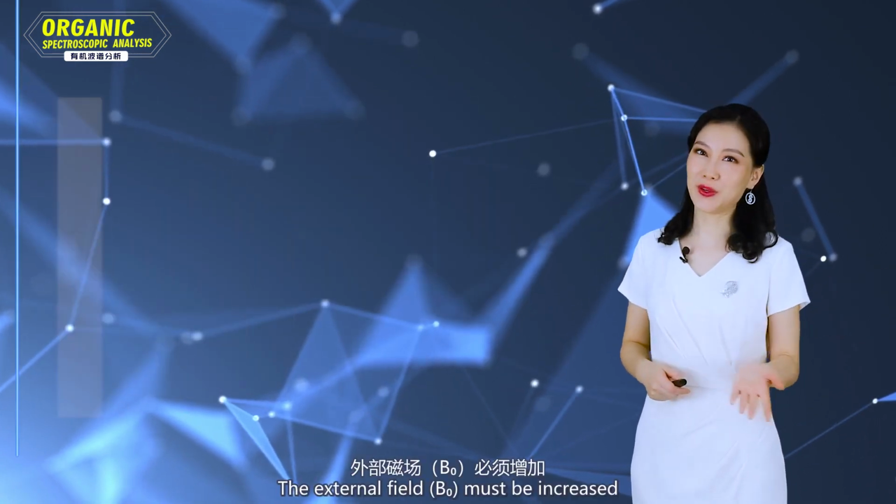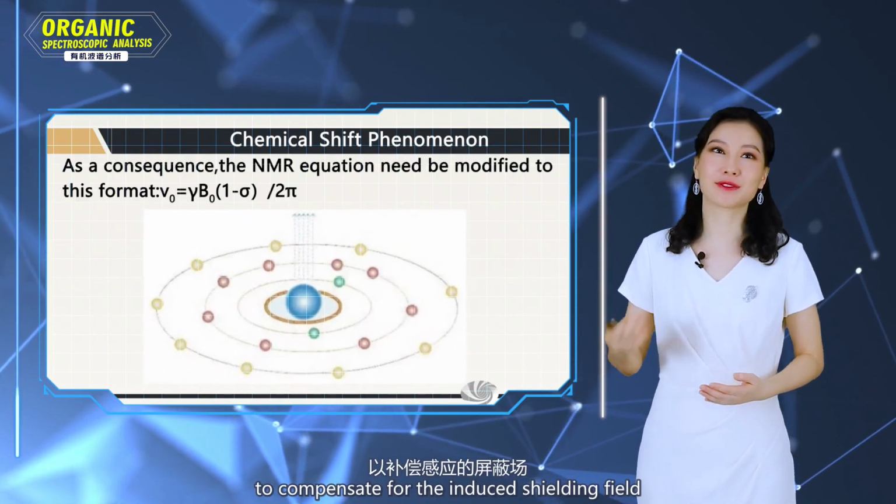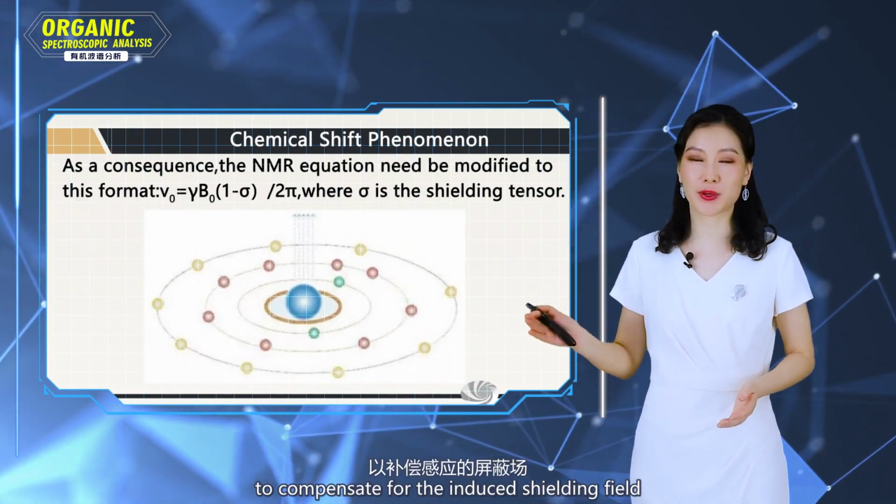The external field, B0, must increase to compensate for the induced shielding field.